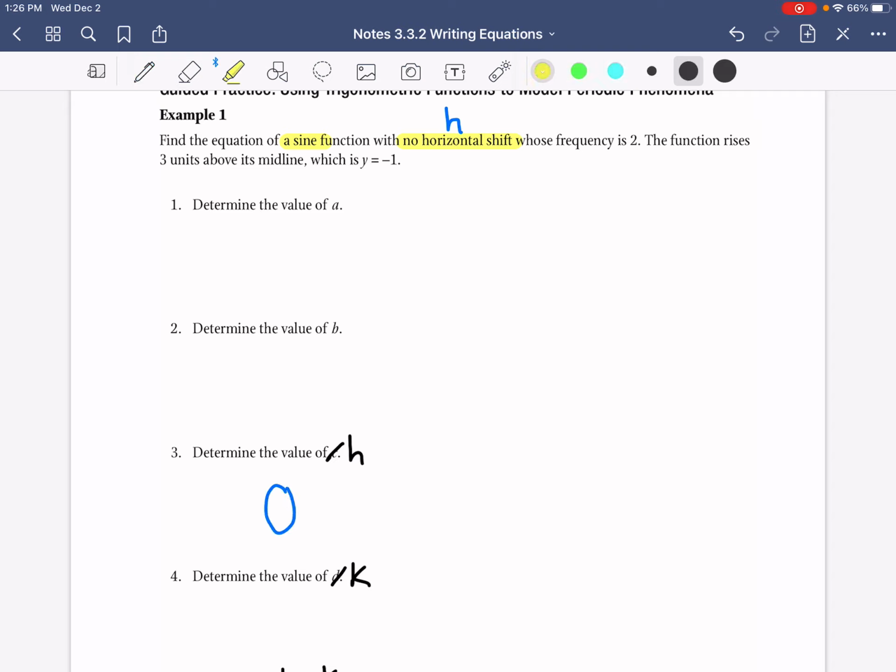Then it mentions frequency. It says the frequency is 2. Well, frequency is not B, but B is equal to 2 pi times the frequency. So when we're finding B, we're going to multiply 2 pi times 2, and that means that our B is equal to 4 pi. The next part of the equation says it rises 3 units above.